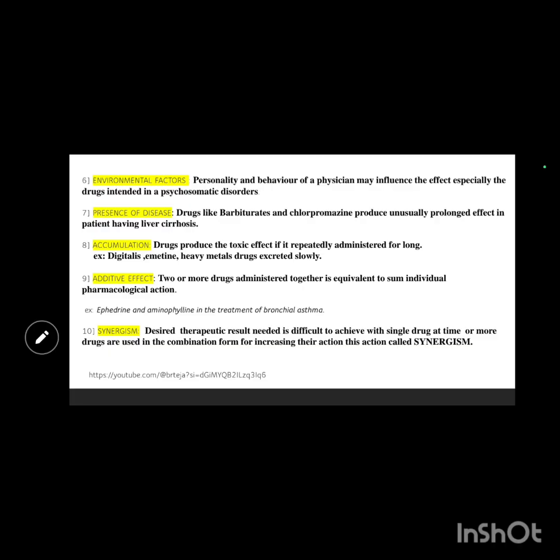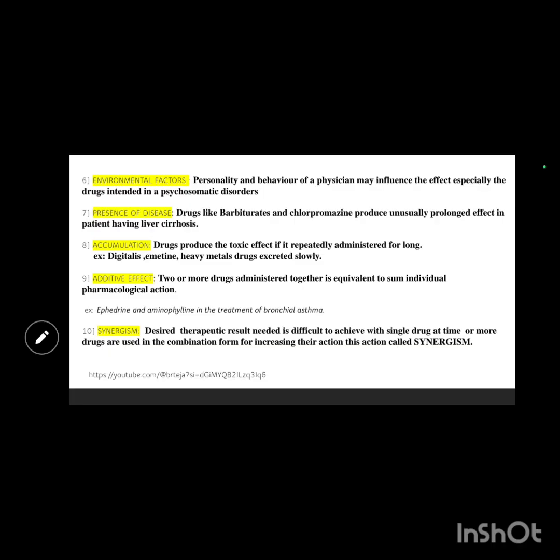Barbiturates are sedative drugs and produce unusually prolonged effects in patients having liver cirrhosis.